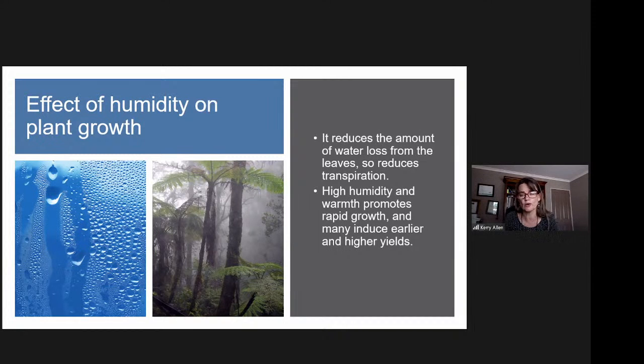We don't want really, really high humidity, but we do often want some humidity, because that water in the air as well as the warmth promotes growth. Once again, it will depend on the crop. But usually optimum growth means you're optimizing your yields, and that can be more yield, but also the timing of that yield might be earlier if you have good humidity.